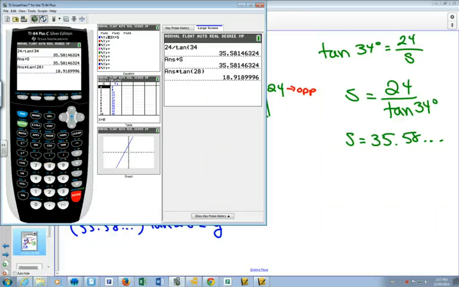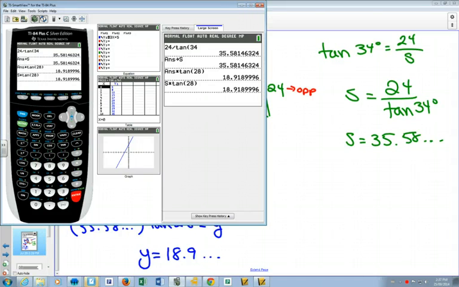If I had done other calculations in between, and I needed that 35.58, I could find it by going alpha s times tan 28, and it would tell me the same thing because we've stored s as that answer. So 18.9 is the value of y.